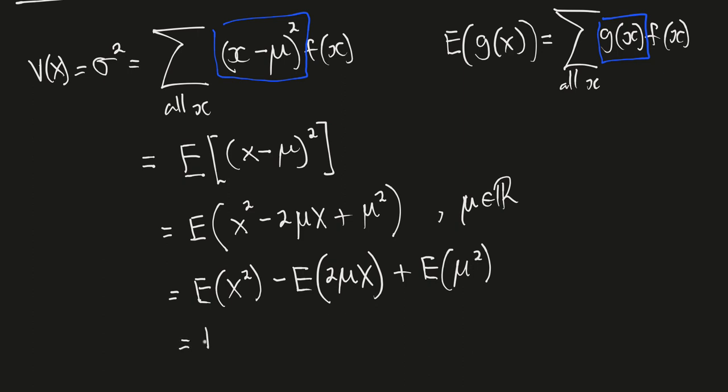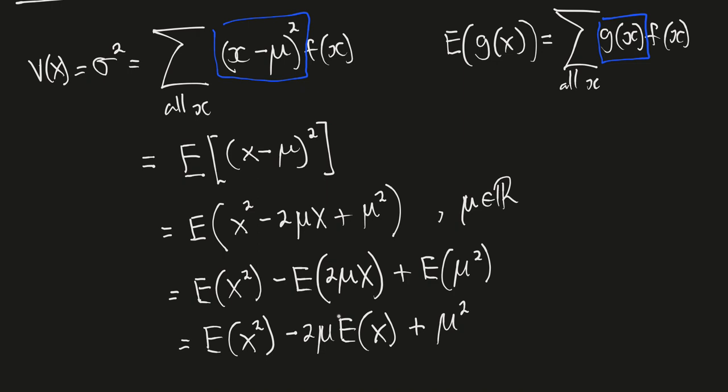So again, those properties that we established previously are now pretty handy in this process. So factor out the 2 mu. So I'll have 2 mu times the expected value of x. And then the expected value of this constant is the same constant.